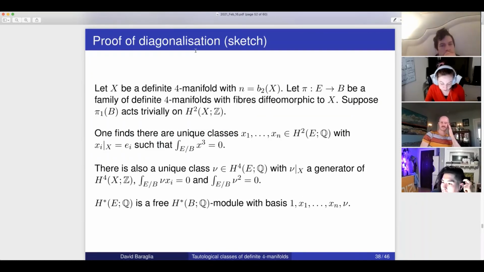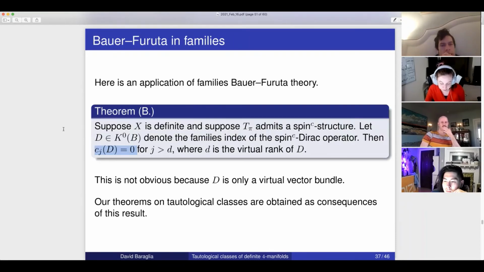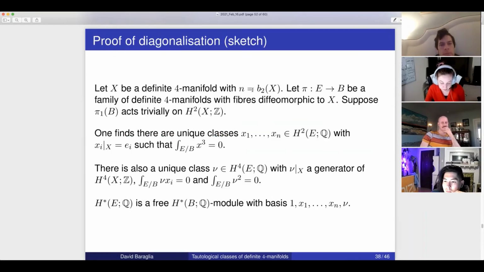So this is going to be just a sketch of the diagonalisation result, assuming this theorem. So suppose we have this family of definite four-manifolds. Pick a basis e_i for H2.